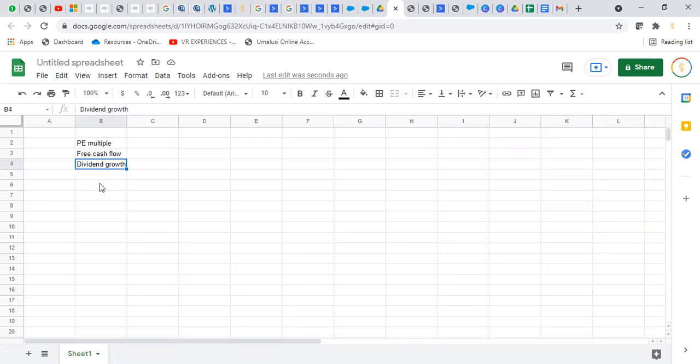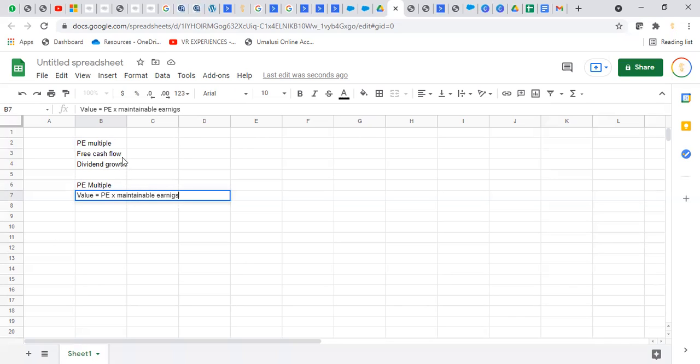So we want to calculate the value using the PE multiple. For the PE multiple, value equals PE multiplied by maintainable earnings.